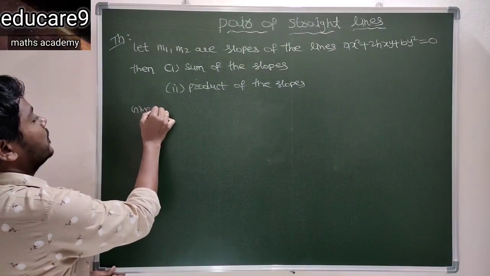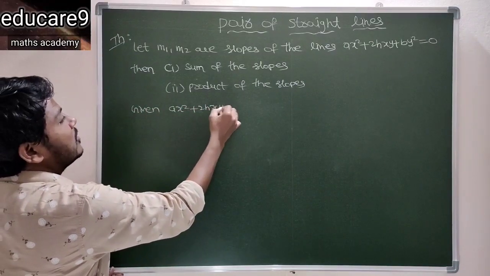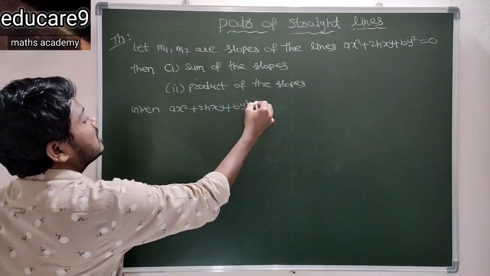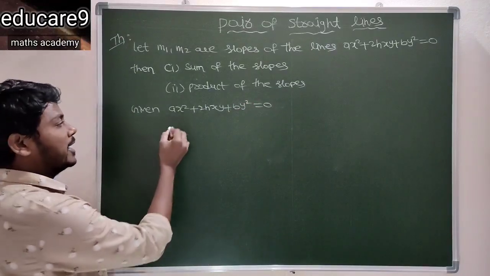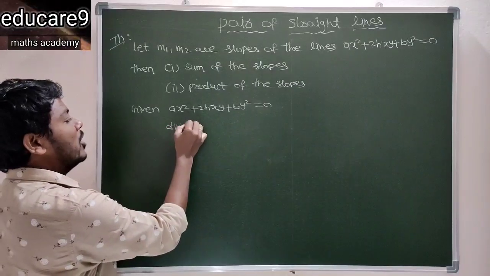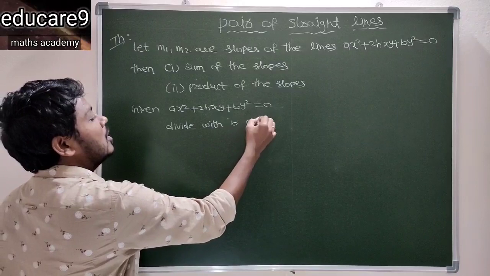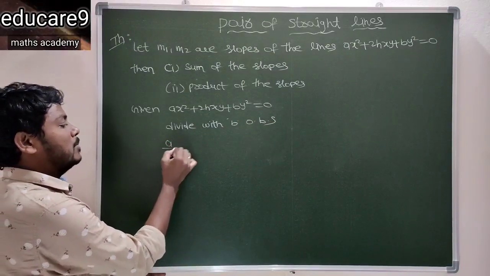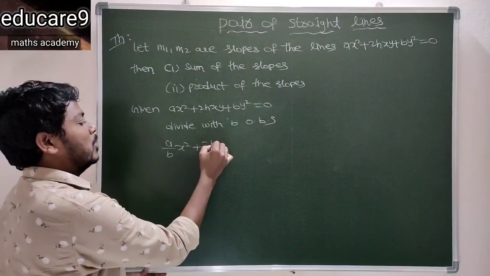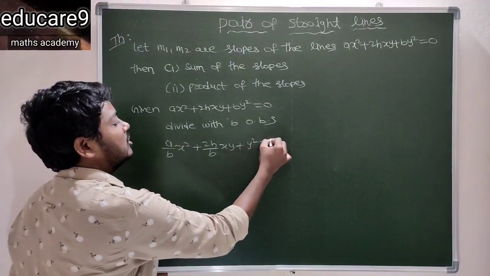So see here, given ax square plus 2hxy plus by square is equal to 0. So divide with b on both sides. So what you get? a by b x square plus 2h by b xy plus y square equal to 0.